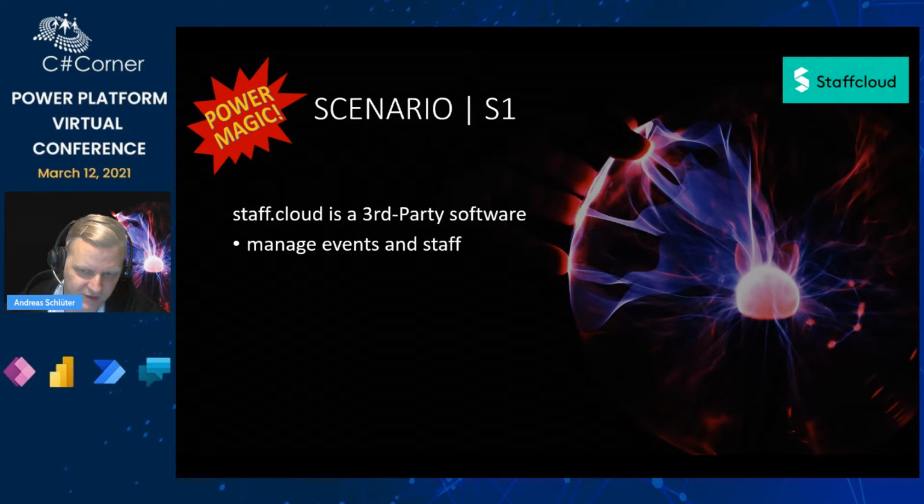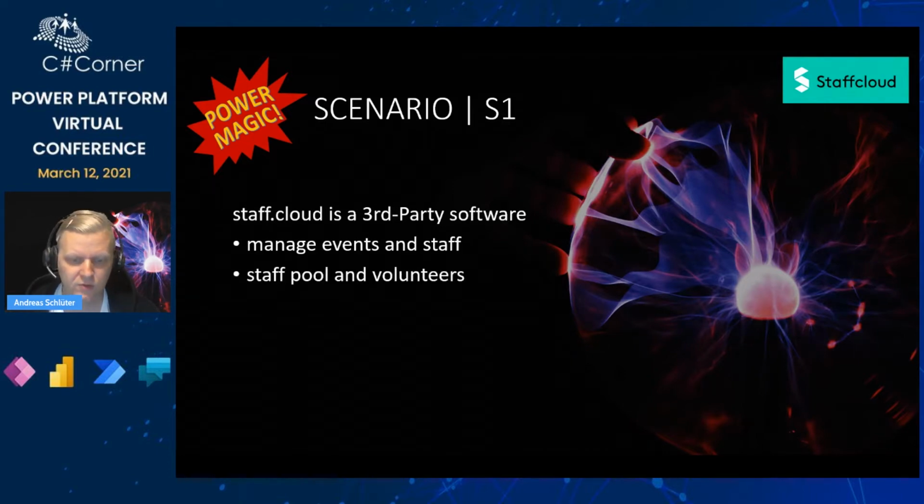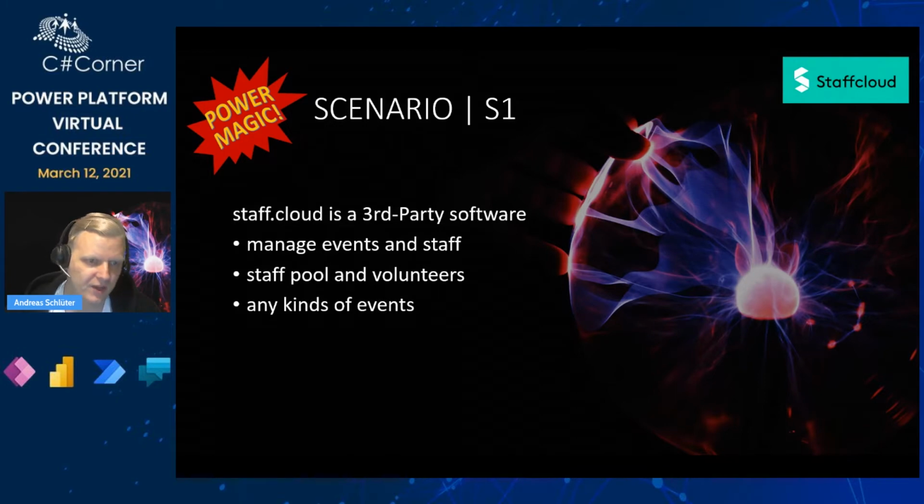This is from Switzerland, and this is what they do, managing events and staff. It's very cool, very good software. Nice features. You have a very big staff pool. In our case, it's about 700 people for staff and volunteers, and you can manage any kind of events.